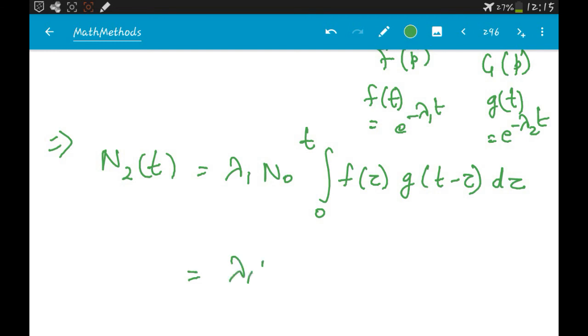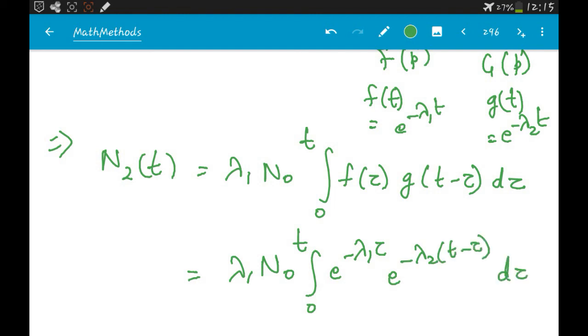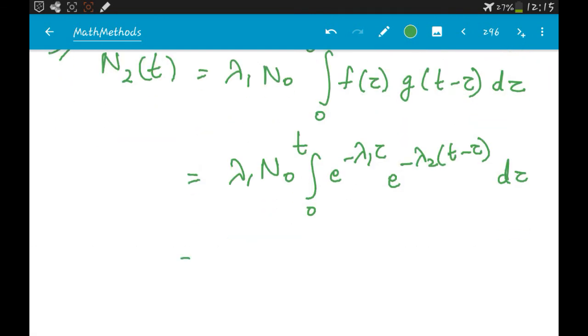So lambda 1 n naught, integral from 0 to t. What is f of tau? e power minus lambda 1 tau. g of t minus tau is e power minus lambda 2 times t minus tau, d tau. That's it. Now all we have to do is this integration.